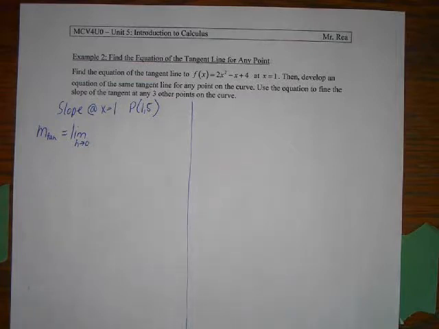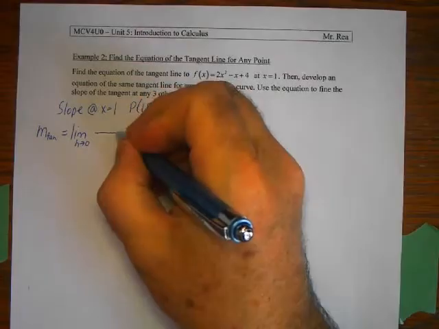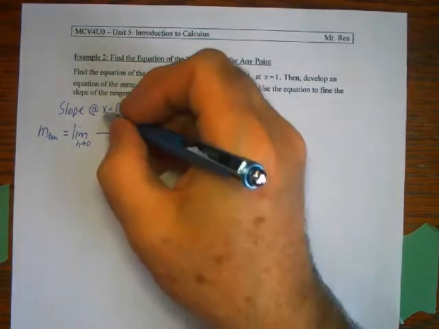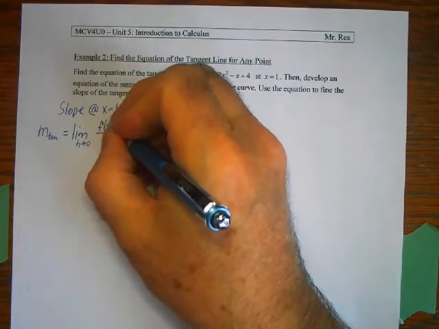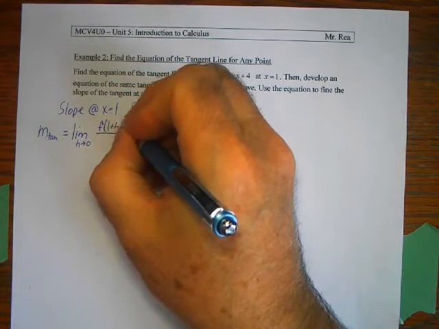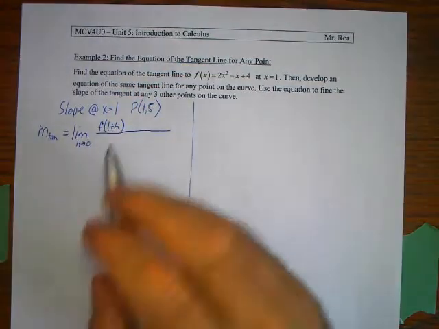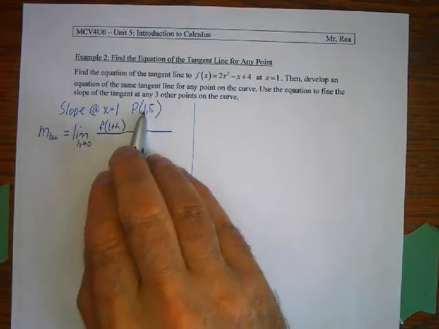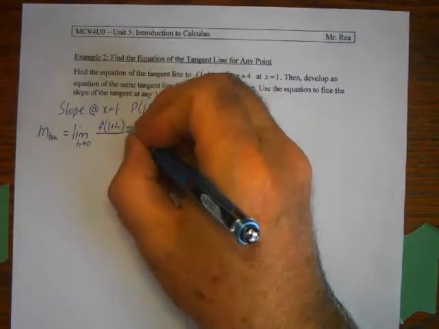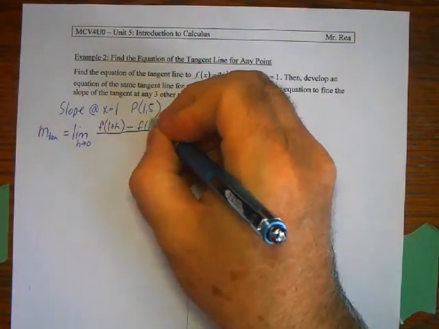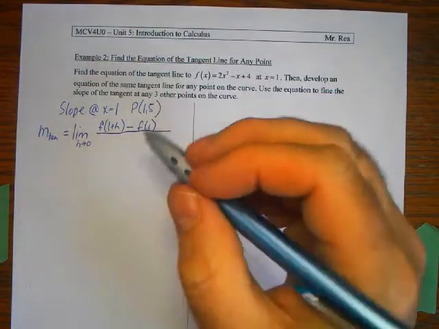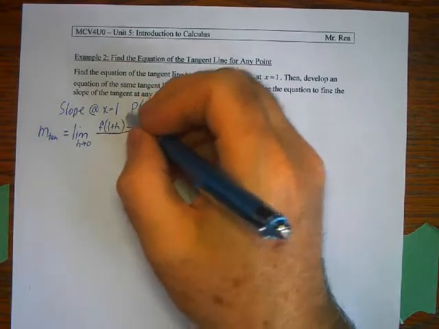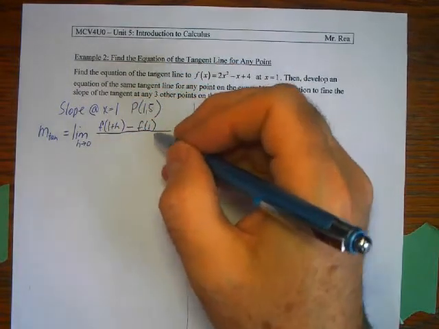So again, we're going to do the limit of the rise over run, delta y over delta x. So that's going to be f of 1 plus h. That's going to be our Q. Q is h units to the right of point P. And then we subtract f of 1, which is our point P, basically the y value at point P. And then on the bottom, it's going to be the change in the x value, which is 1 plus h.